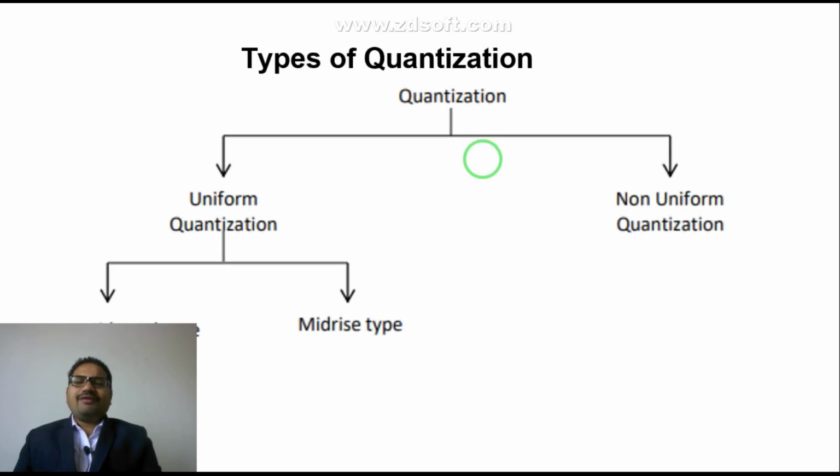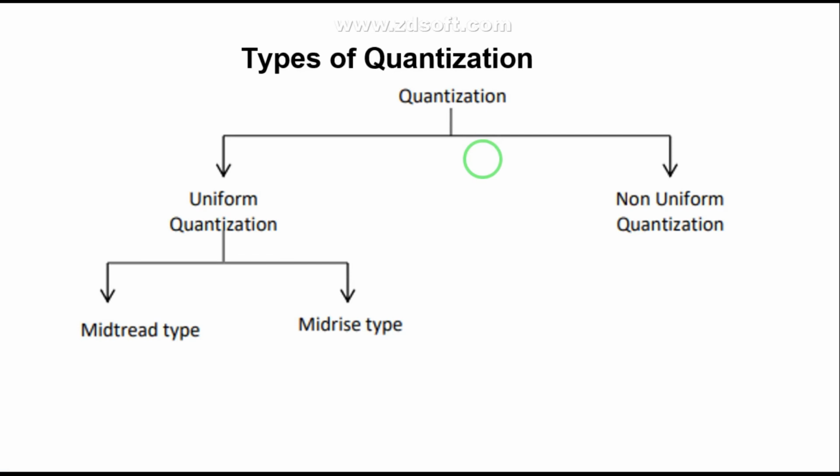Now we will see the types of quantization. Quantization is of two types: uniform quantization and non-uniform quantization. Uniform quantization is divided into symmetrical or uniform mid-tread type and mid-rise type.